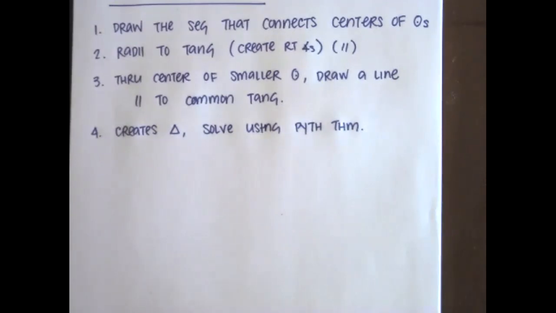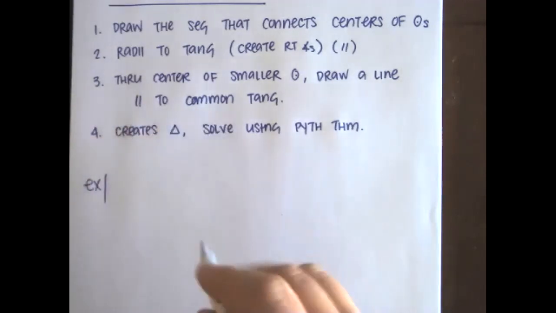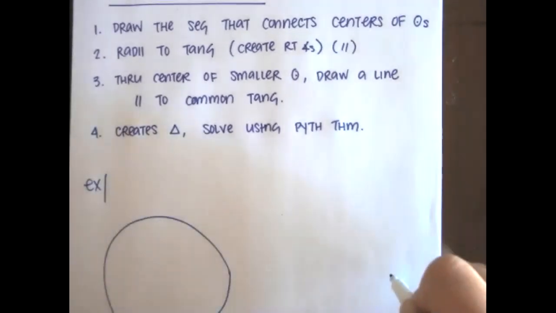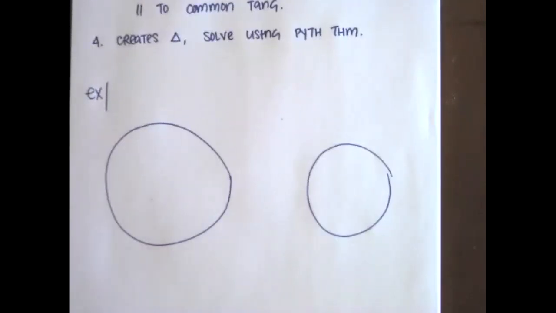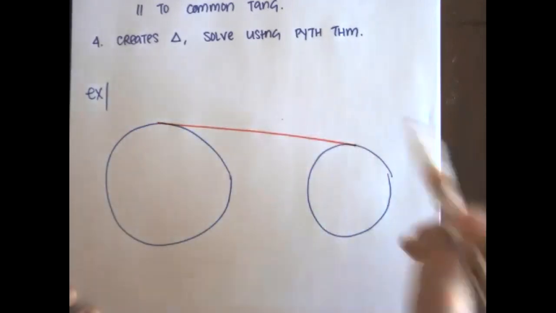Okay, so we're going to do our first example with common tangents. I'm going to draw it really big so I can't use my geometer. Sorry, it's going to look bad. Okay, two circles. And then the common tangent is what we're trying to find.